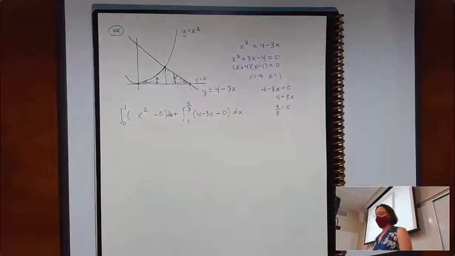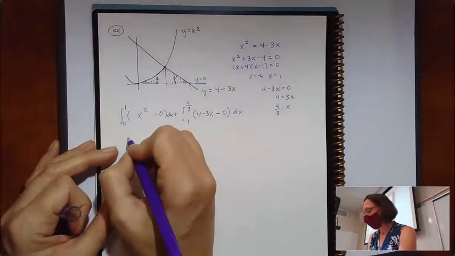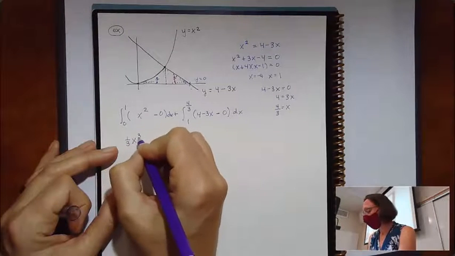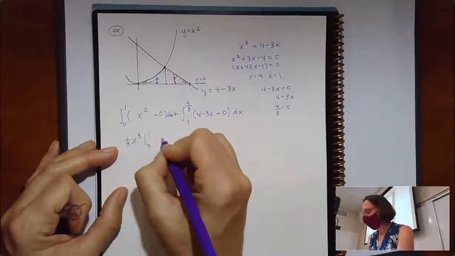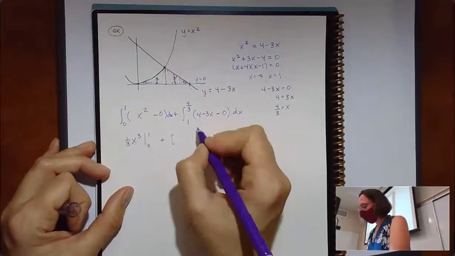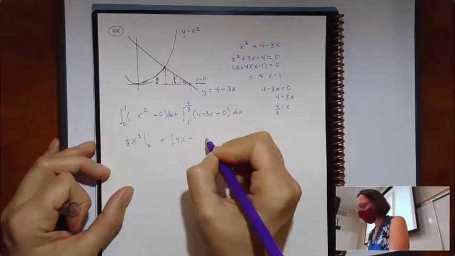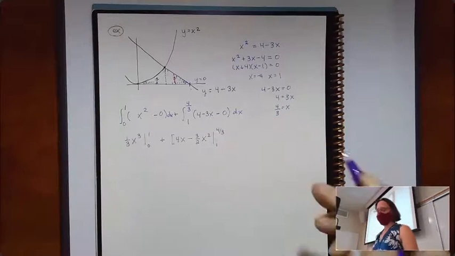I'm going to finish it because I think it's not terrible. The integral of x squared is 1/3 x cubed, and I don't have to deal with the 0, going from 0 to 1. I'm adding that to what we get over here, where I integrate and end up with 4x minus 3/2 x squared from 1 to 4/3.